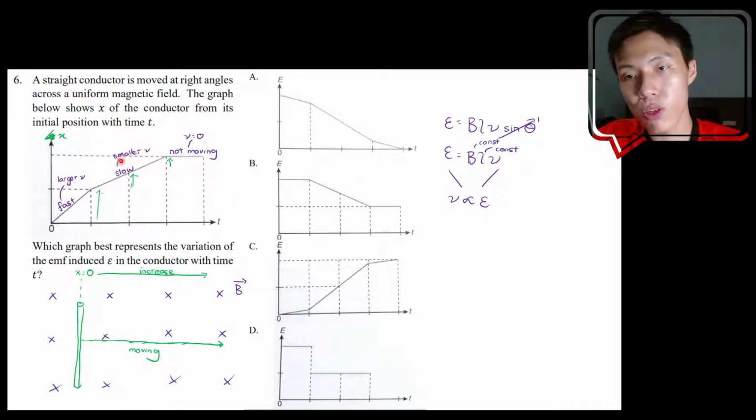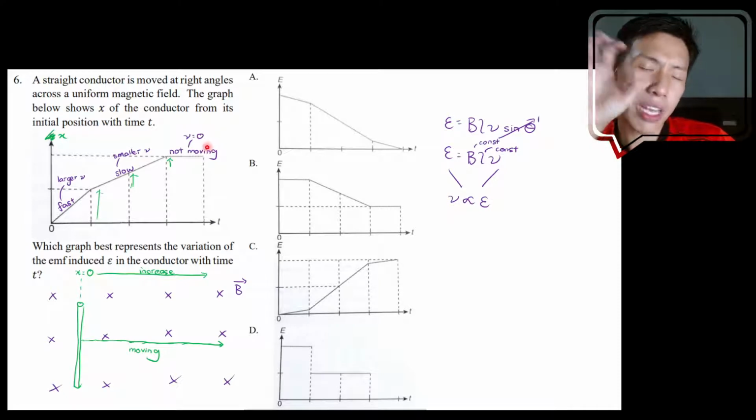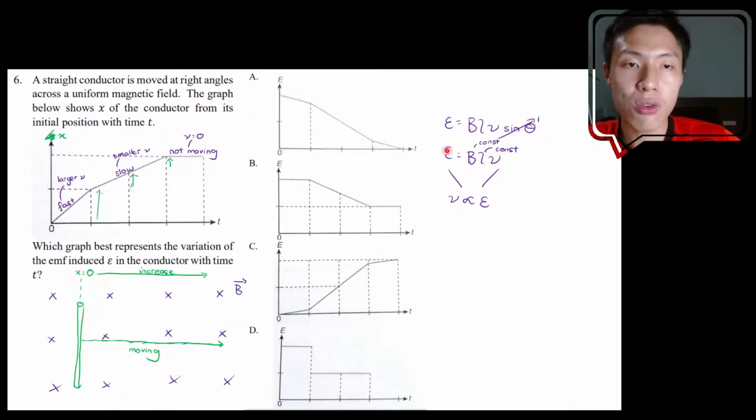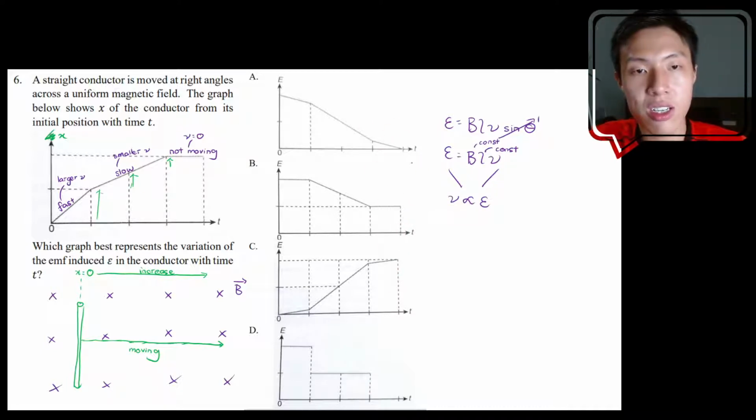If you see a smaller V, you should see a smaller EMF. If your V is equal to 0, then your epsilon should be equal to 0. So the first tip that will show the most obvious pattern is that V equals 0 will cause the EMF to be 0. So the fourth section here should have EMF of 0. The only one that fulfills this condition is the graph at D, so A, B, C will be wrong.